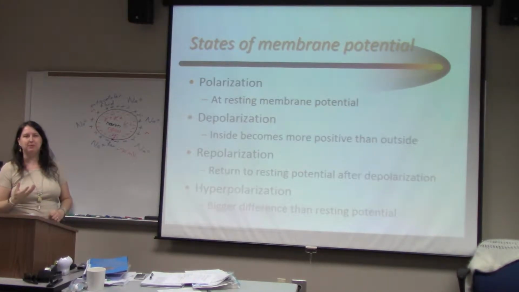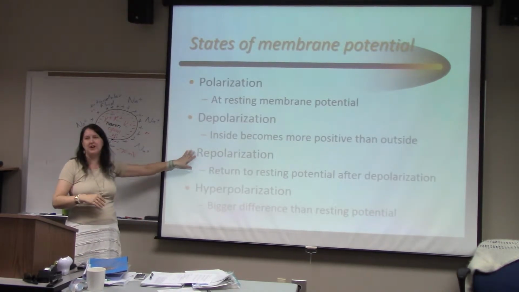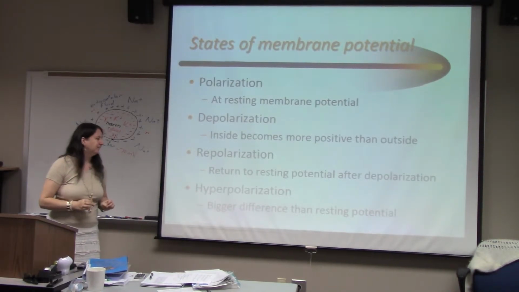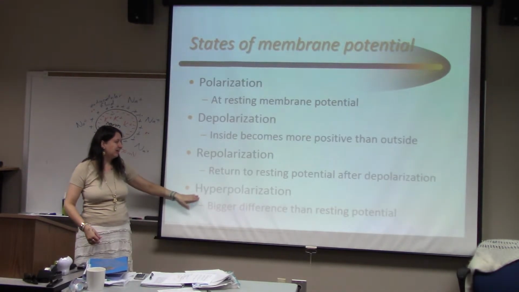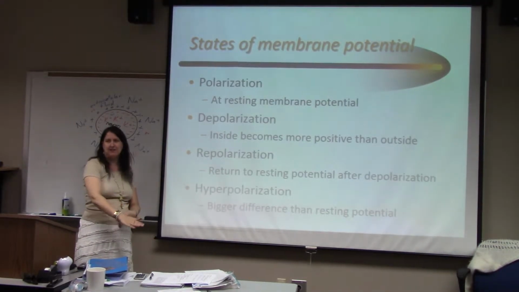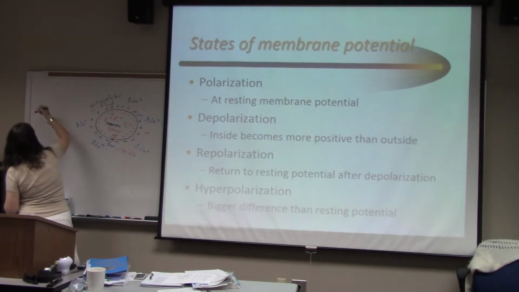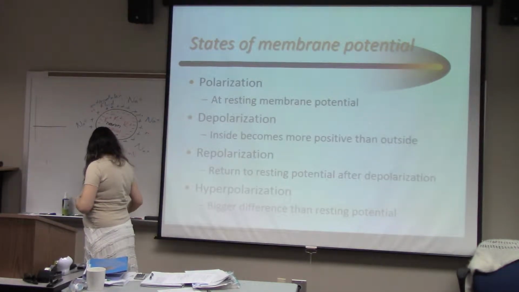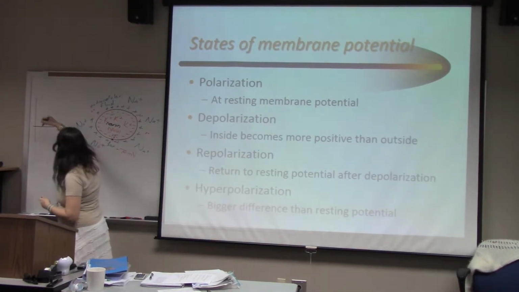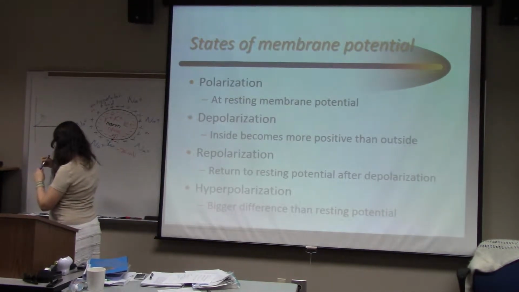If a cell has depolarized, you bring it back to resting potential. That's called repolarization. And then there's hyperpolarization, which is getting even more negative than resting potential. So here's our resting potential. Depolarization goes this way.